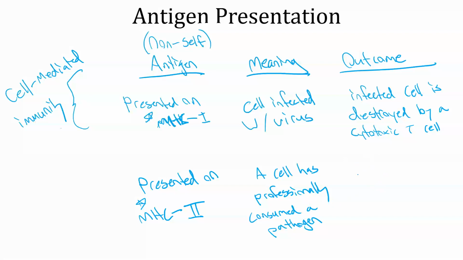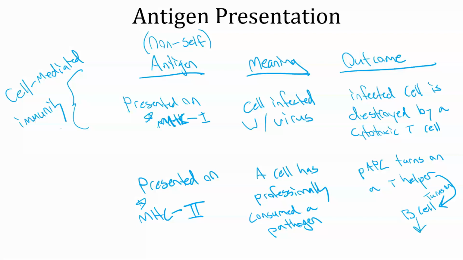So what happens is the professional antigen presenting cell turns on a T helper cell, and the T helper cell turns on a B cell.